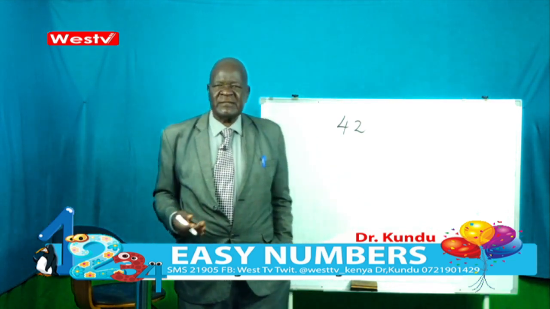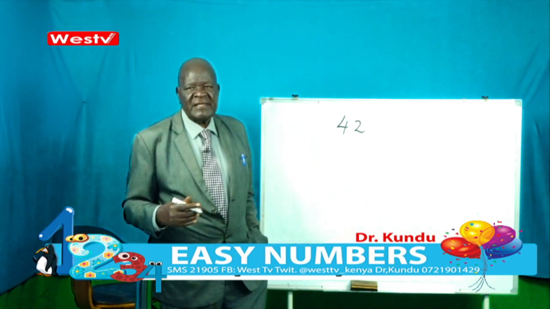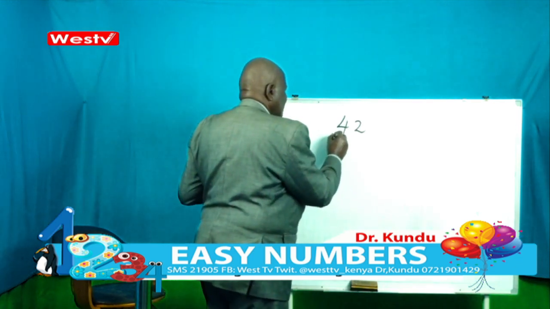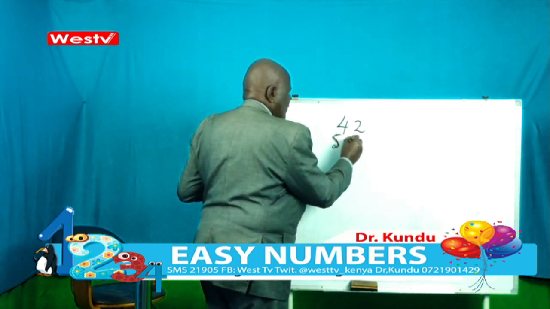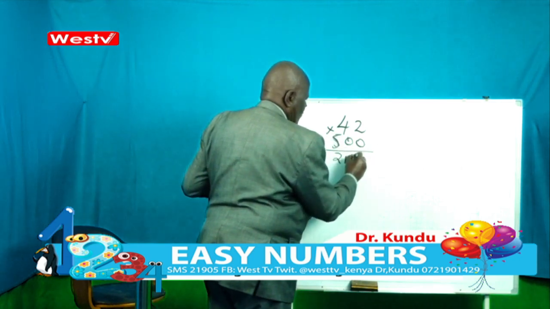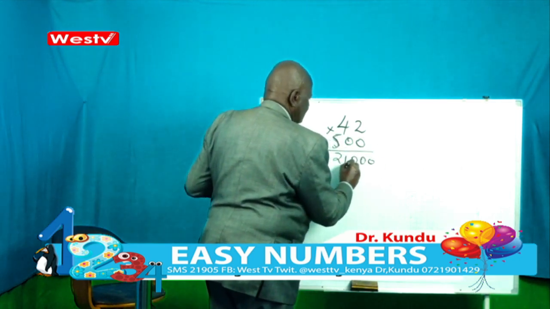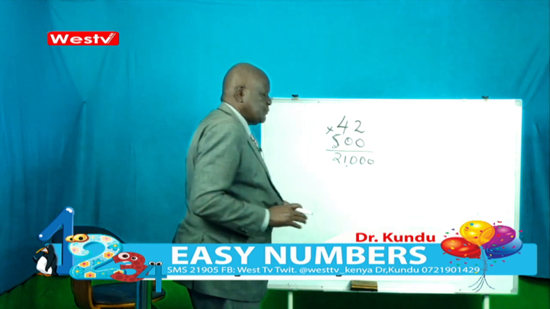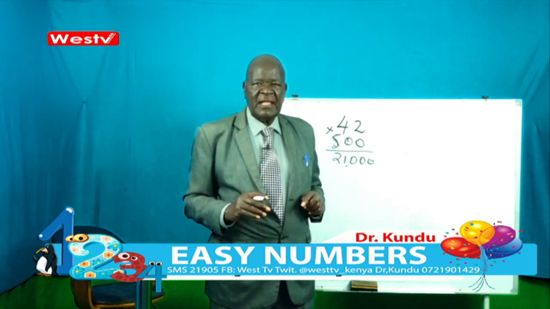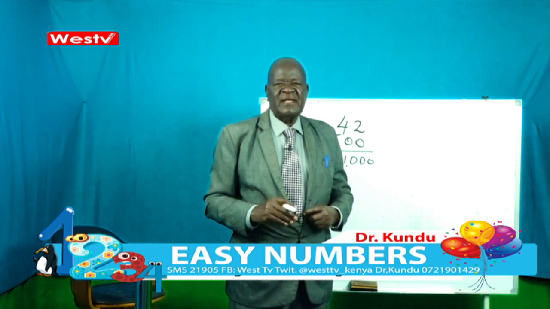Add on 3 zeros, and therefore the answer is 21,000. The farmer then harvests 21,000. And you are able to put the answer down mentally as you look at the problem.